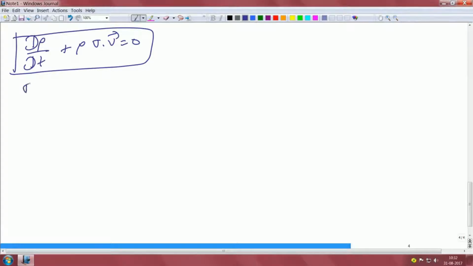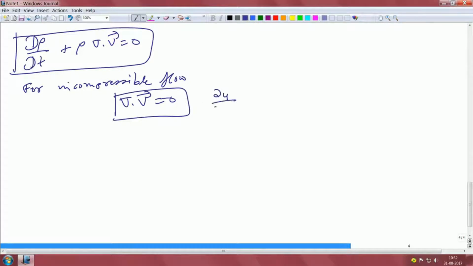Now, for incompressible flow, things become a little more simple. What is incompressible flow? Incompressible flow means that there is no density change. So, when there is no density change, this reduces to this equal to 0. In other words, cast in a proper form, in 2D you can write it like this.